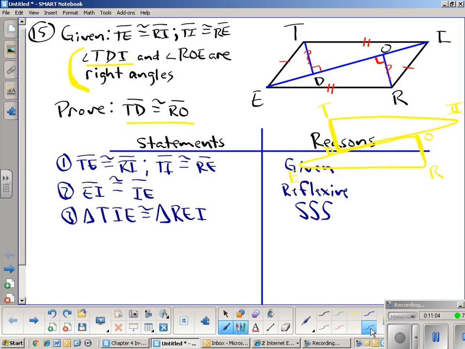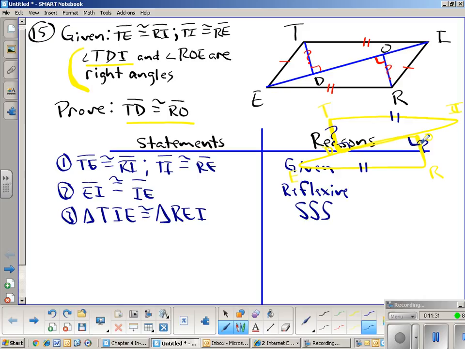Alright. So now, let's identify what we have. This is what we want to prove. So we don't have that yet. We know this is, oh no, sorry, I looked at the wrong picture. We know this is equal to this, right? Okay. Oh, and we know these are right angles.